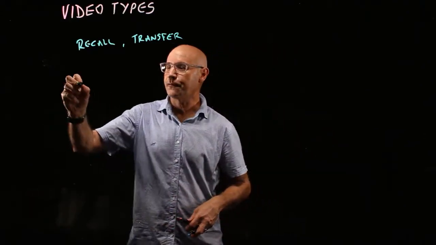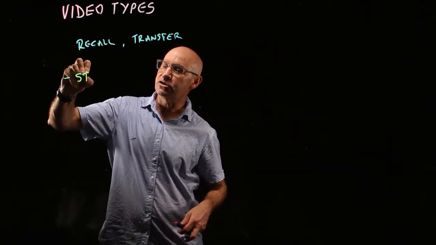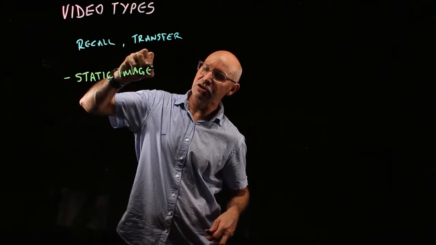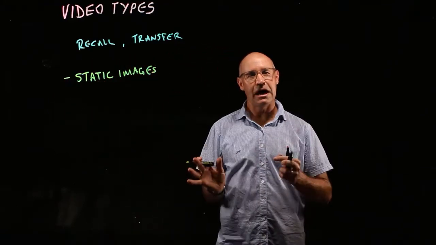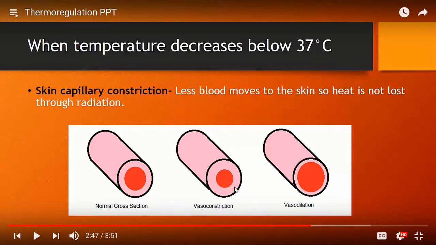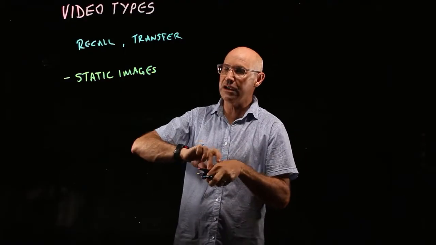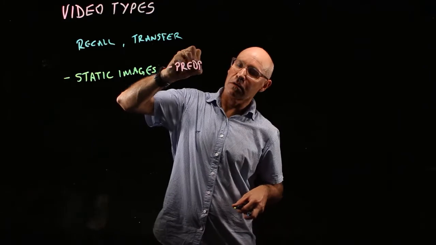So what did they look at? The first one was static images. You could imagine that's similar to a PowerPoint screencast where you've got a voiceover narration but the images are already drawn, so they're pre-drawn images.